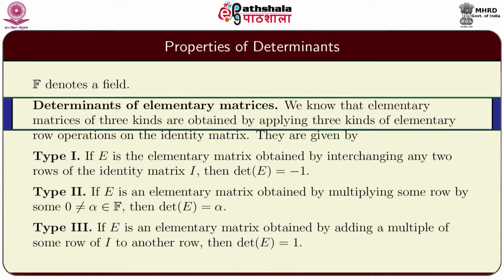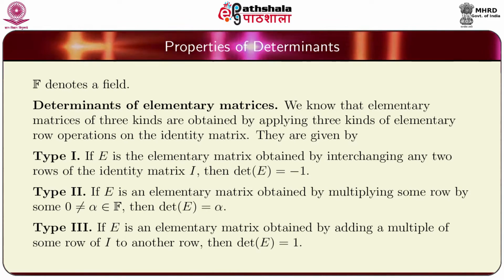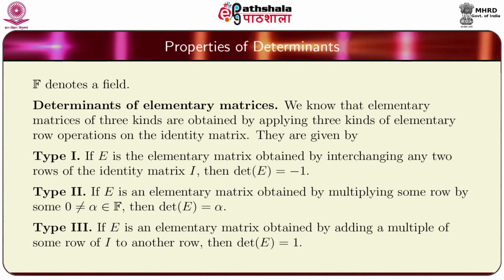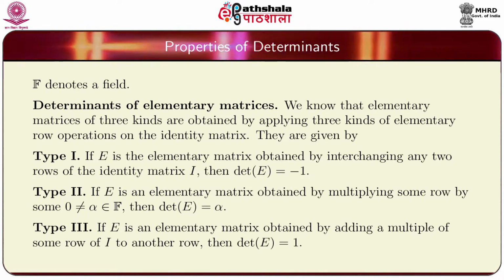Let us first talk about determinants of elementary matrices. We recall that there are elementary matrices of three kinds, obtained by applying three kinds of elementary row operations on the identity matrix.